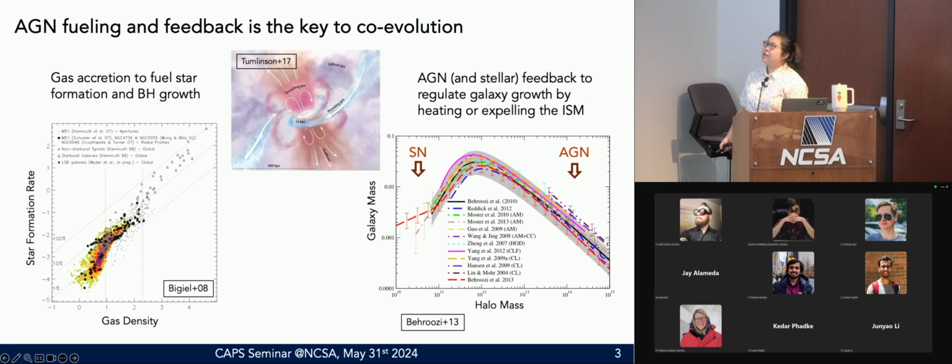Yeah. So like I say, a very simple idea to explain this is through AGN feedback. So in the center here, I have this artistic illustration of how gas moves into a galaxy and then also recycled out into the CGM IGM scale. So a galaxy needs cold molecular gas to form stars.